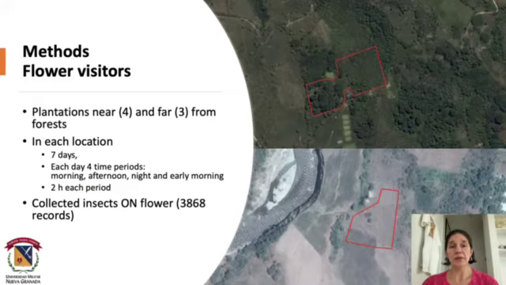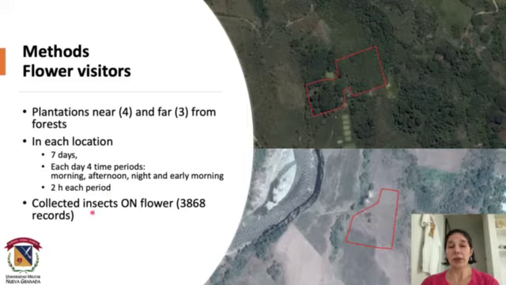So to complement the flower biology study, we also studied floral visitors. For that, we visited 4 plantations near the forest and 3 plantations far from the forest. In each plantation, we sampled for 7 consecutive days, each day 4 time periods, and at each period 2 hours of sampling.